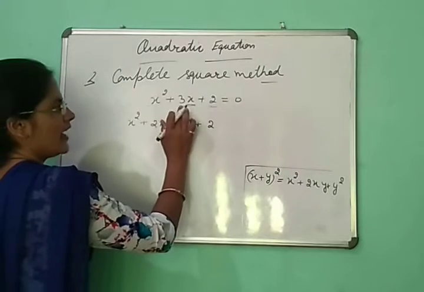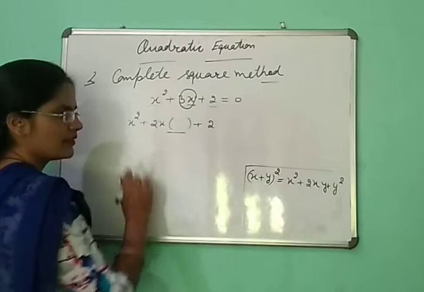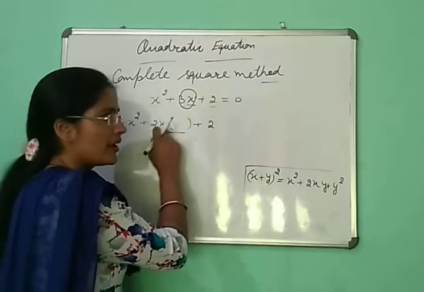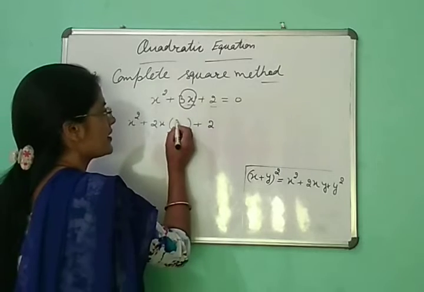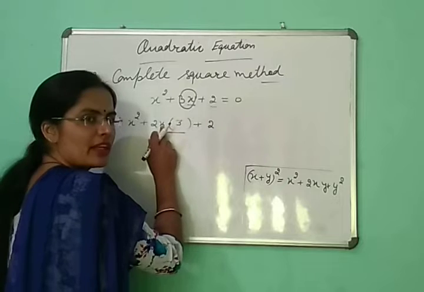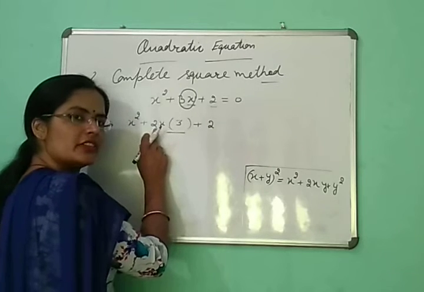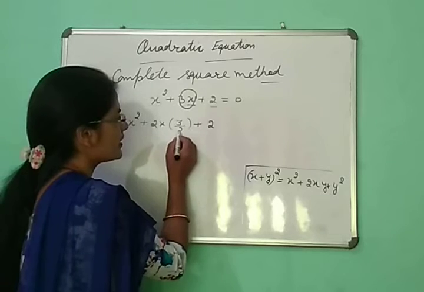Now we have to make this term 3x, but here is 2x. How can we make 3x? Simply write here 3. When 3 multiplies with x it becomes 3x, but 2 is extra here, so we write 3 by 2.